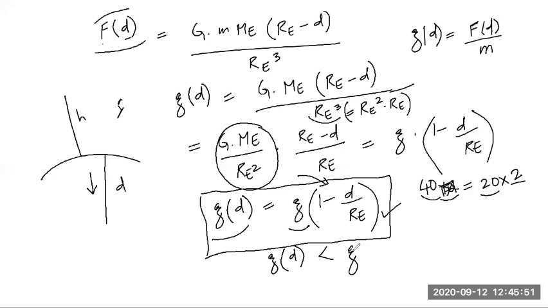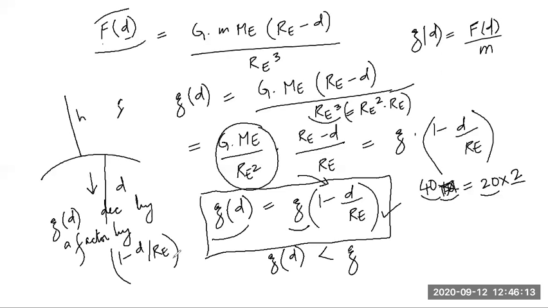And by what factor does it decrease? Acceleration due to gravity at depth d decreases by a factor of, can you tell me? 1 minus d by Re. So your lecture is complete.